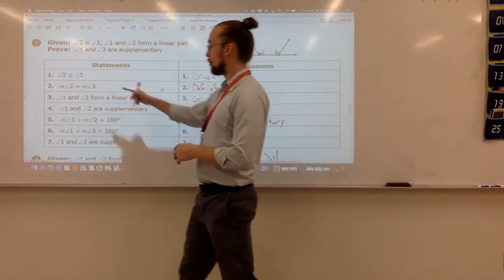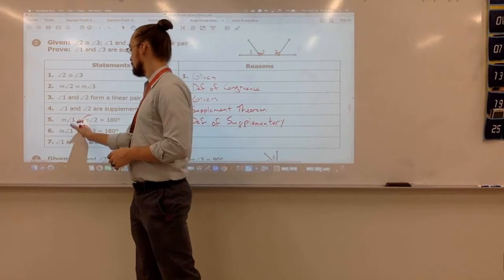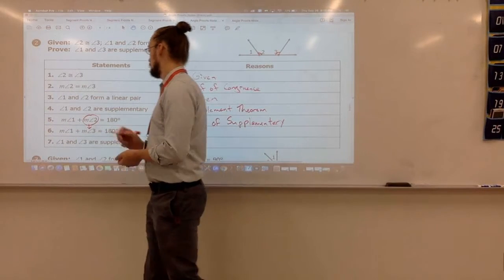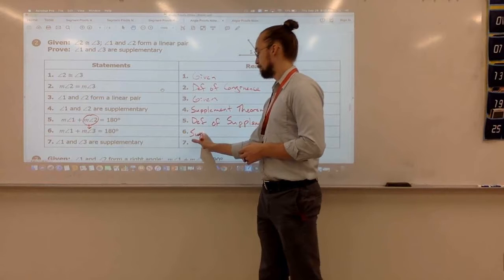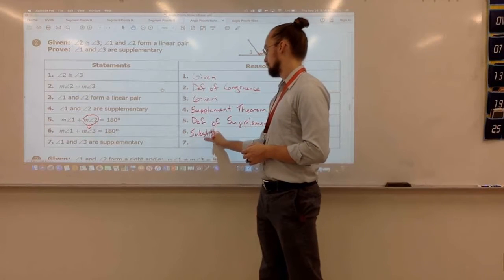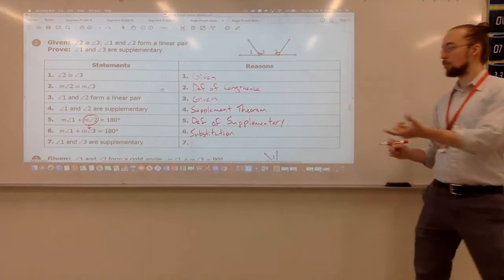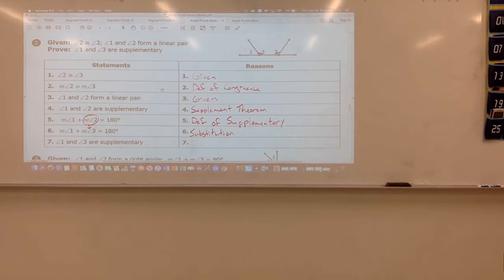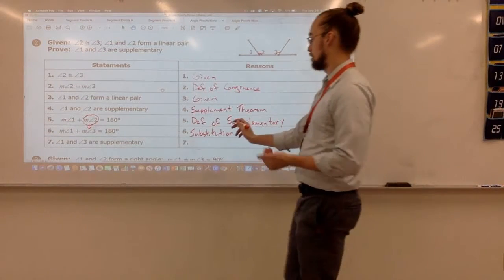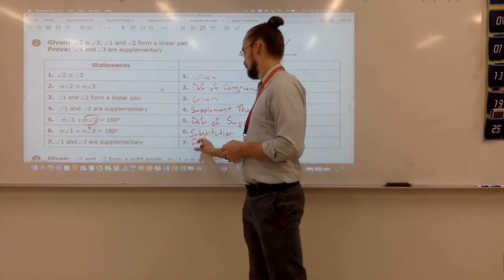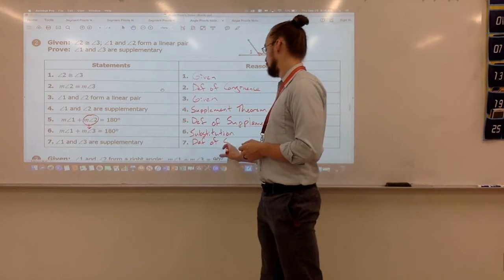Substitution. We know 2 and 3 are equal, so they just substituted that one in. And finally, if angles 1 and 3 add to 180, how can I claim that they're supplementary? Definition of supplementary.